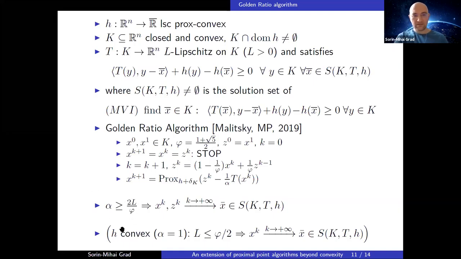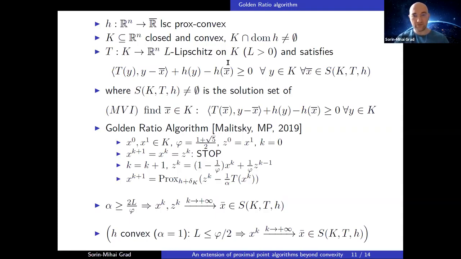And this is, let's say, a way to control the conflict, if you want, between T and h. Again, if h is not convex, it is likely to go downwards at some point, and T is monotone, it goes upwards. So we have a sort of conflict between these two elements of the mixed variational inequality. It can maybe be compared to the conflict between the objectives in the case of a multi-objective or vector optimization problem.